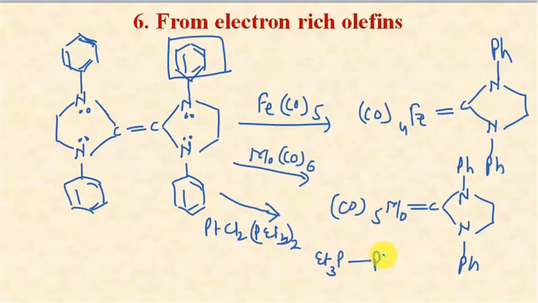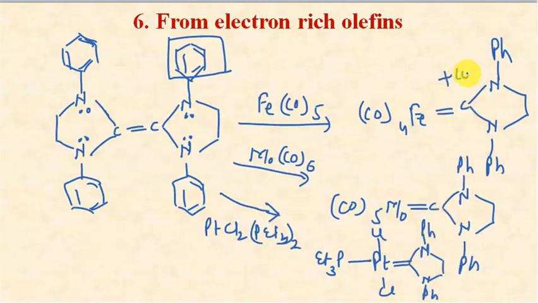We have Pt Cl Cl. So in this case one of the triethylphosphines is removed, and as usual the electron rich part is present here. In this case also there is loss of CO. In the second case also there is loss of CO. So in this way we can prepare the metal carbene compounds having a metal carbon double bond from these electron rich olefins. This was the sixth method for the preparation of Fischer carbenes.